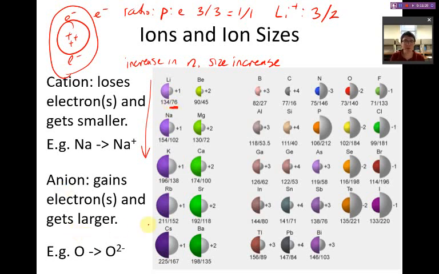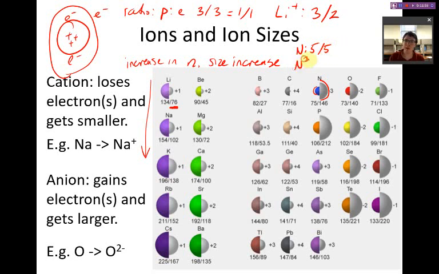Anions have the opposite effect. You'll notice that if you take a look at the neutral atom compared to the anion, anions are larger. And the reason for that is similar to what we saw for the cations. For an anion, let's take nitrogen. Nitrogen initially has 5 protons and 5 electrons.